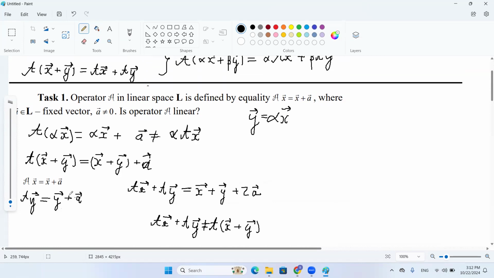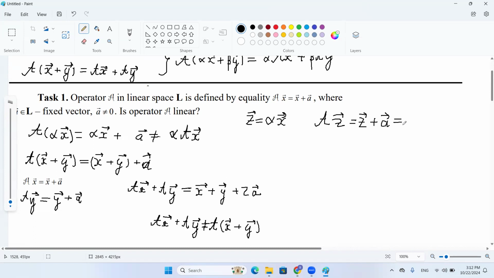Alpha y equals, okay, let's select another letter, let it be z because we already used y. So mark it as the following. And it will equal, if we apply it to z, any element actually.